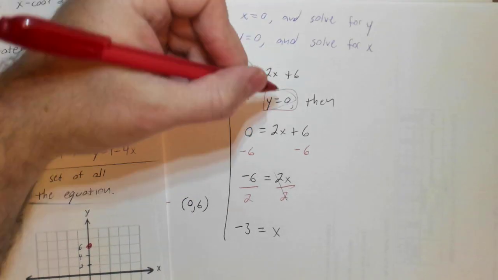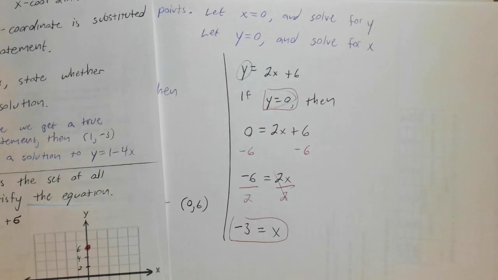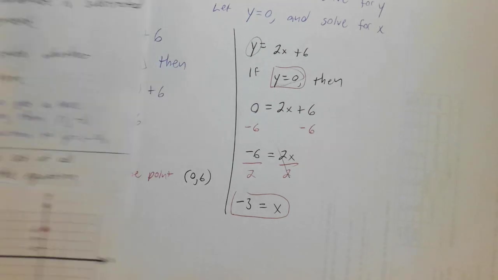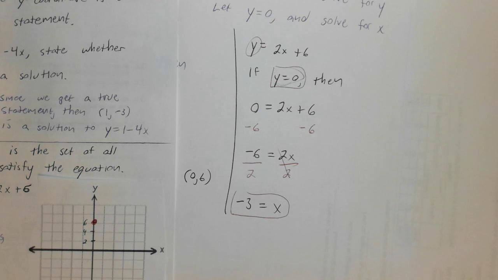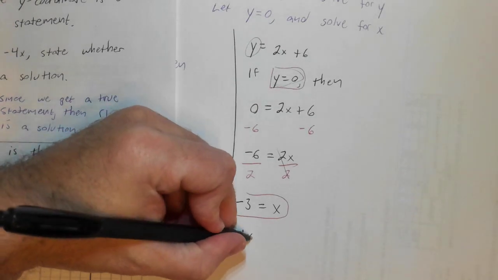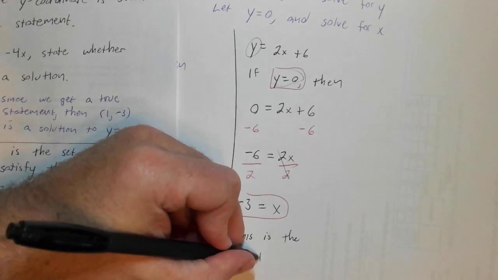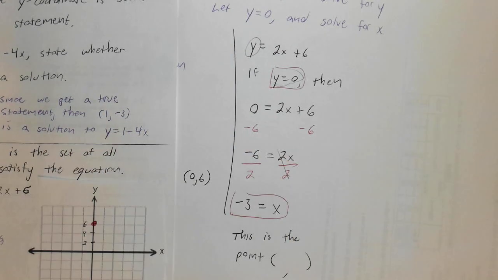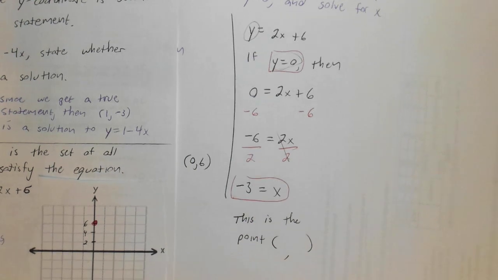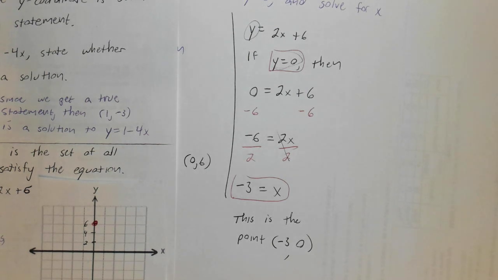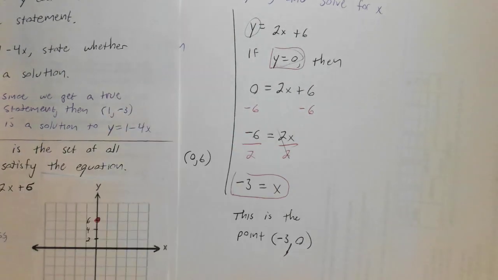Now, that means this gives us the point. It has to be x, y. So even though I plugged 0 in first, the x goes first. So (-3, 0).